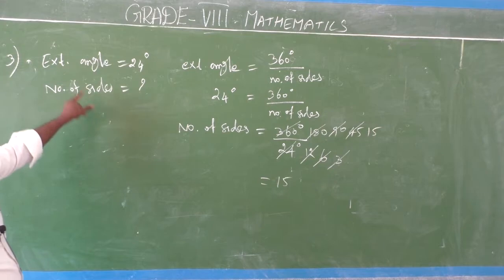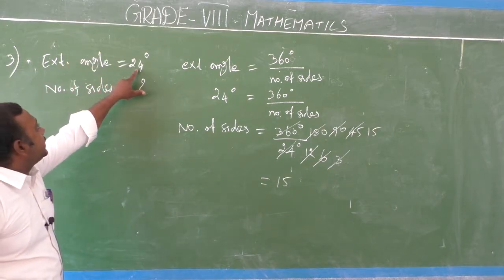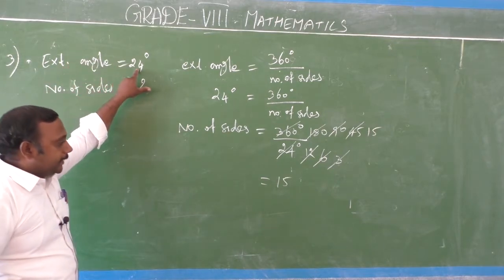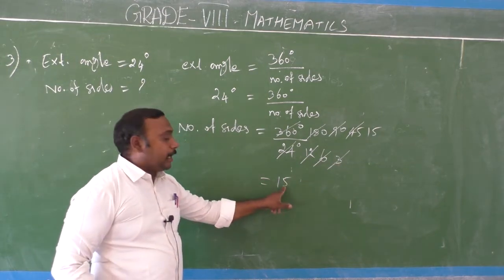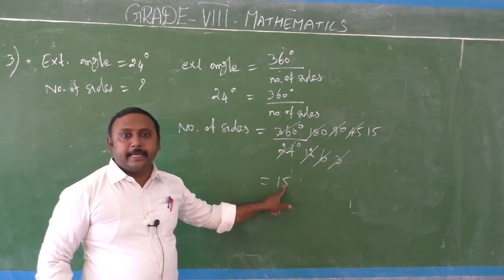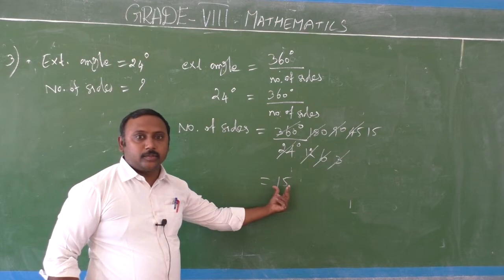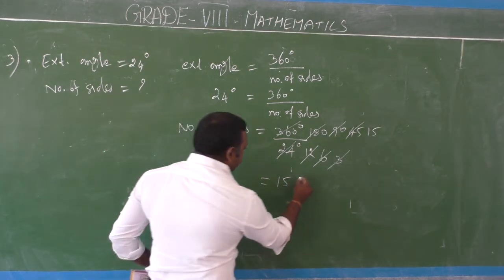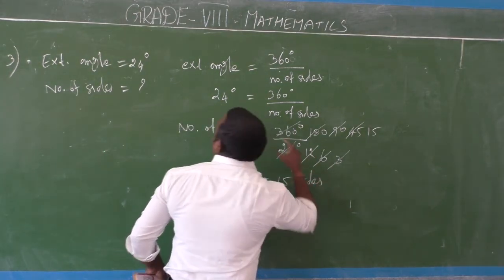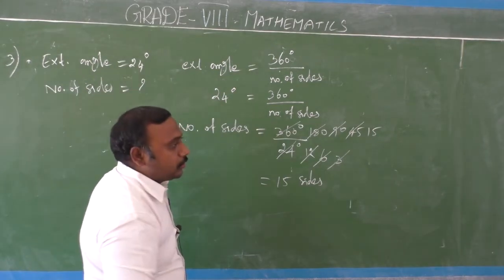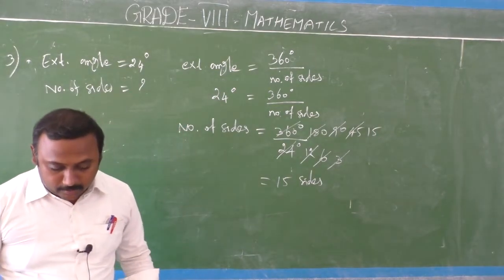We conclude that if the exterior angle is equal to 24 degrees, then we have 15 sides in a regular polygon. So the answer is 15 sides.